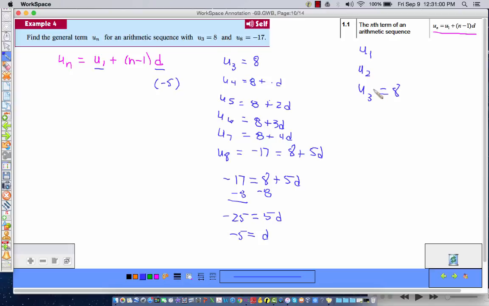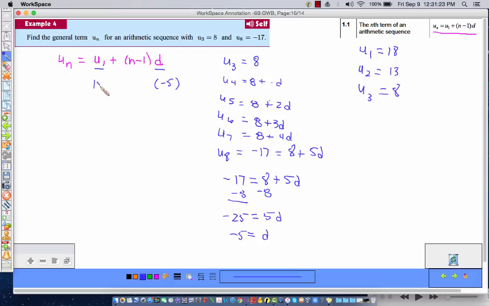It's going to be 5 more, because the common difference is negative 5. So to get from u sub 2 to u sub 3, this would have to be 13, because 13 minus 5 is 8, and then 18 minus 5 is 13. So u sub 1 is equal to 18, okay?